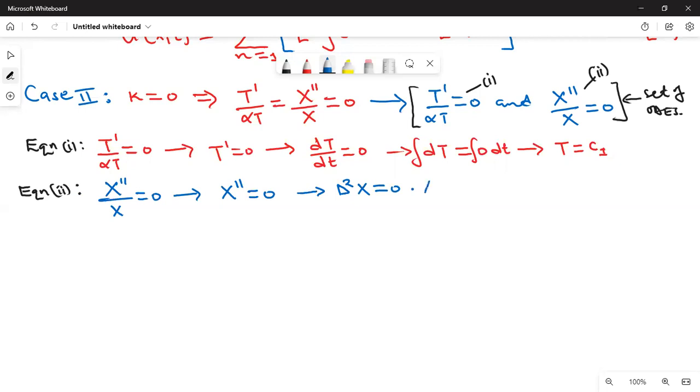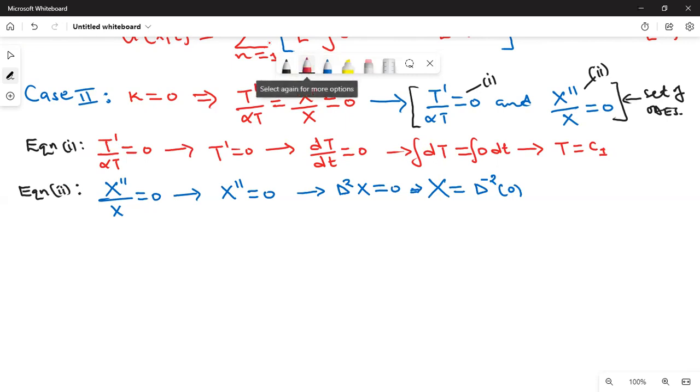So our auxiliary equation, or simply you could write X, make X the subject. From here, X is equal to D raised to negative 2 operating on 0. D raised to negative 2 means an integral operator. So you are going to integrate 0 twice with respect to x.